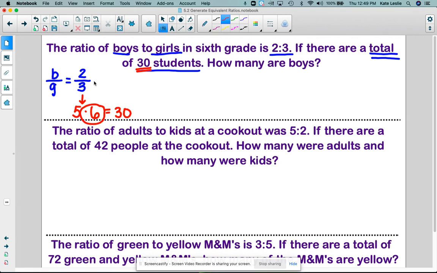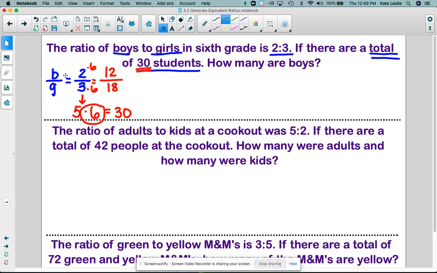What we're going to do now is write an equivalent ratio multiplying both of these numbers by 6. So I'm going to do 2 times 6 and 3 times 6. 2 times 6 gives me 12 boys, that's labeled here. 3 times 6 gives me 18 girls, since it's labeled there.